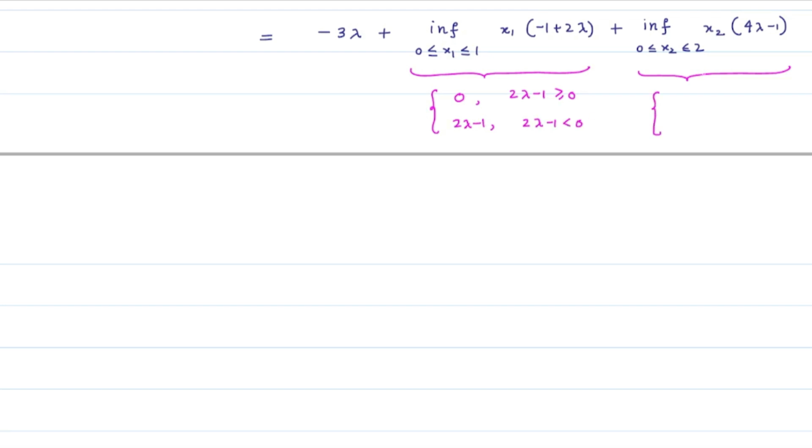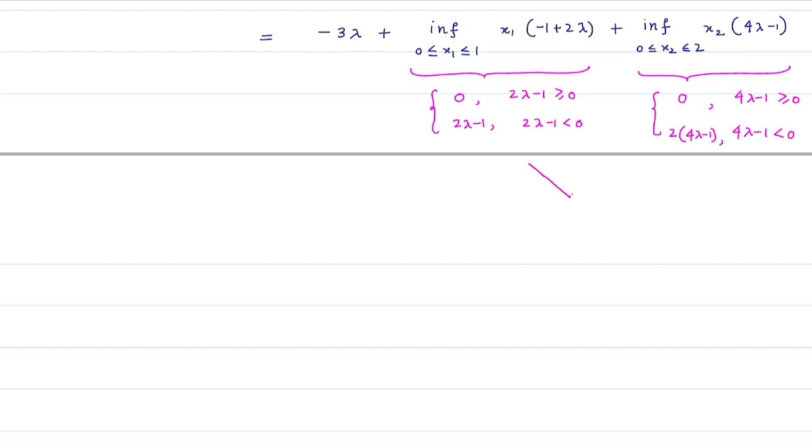Similarly here you will find that the value is equal to 0 when 4 lambda minus 1 is greater than or equal to 0, and when 4 lambda minus 1 is negative, then in that case you will have this expression given by 2 times 4 lambda minus 1.